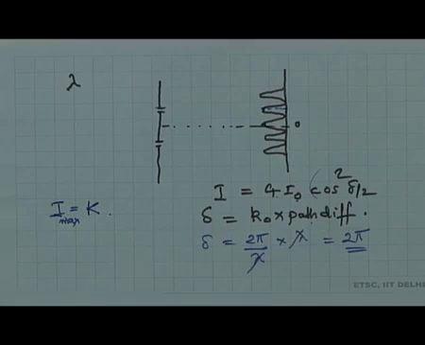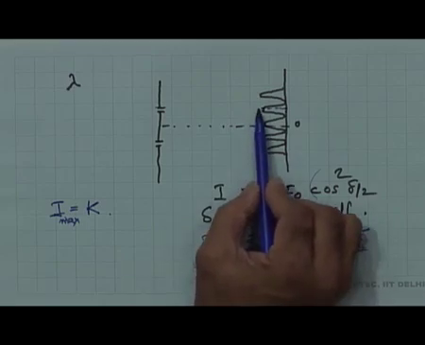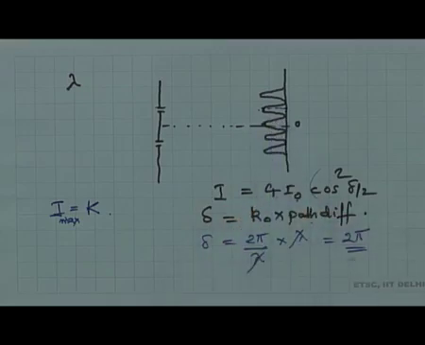The question is, what is the intensity of light at a point where the path difference is lambda by 3? Here the path difference is 0, here the path difference is lambda, and at some point the path difference is lambda by 3.